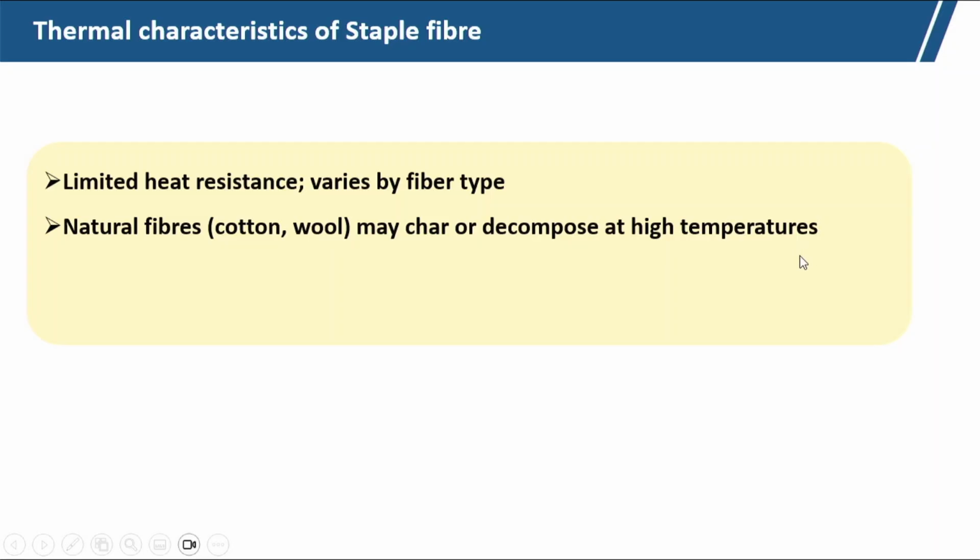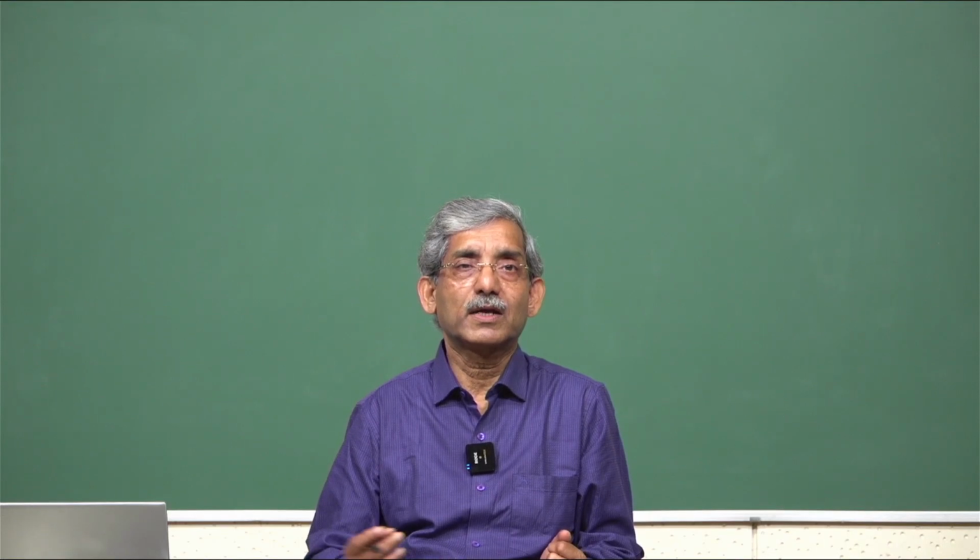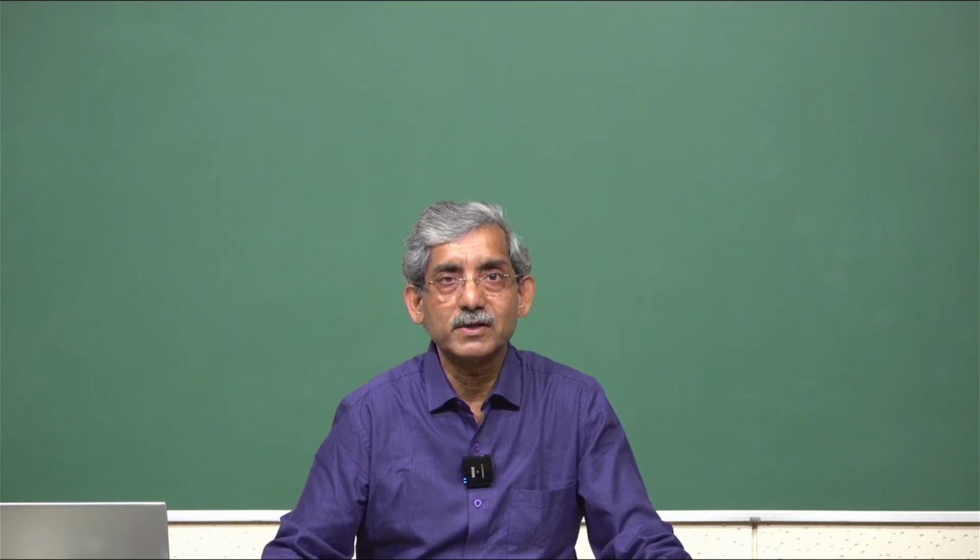That is the problem of natural fibers. That is why we cannot use these fibers for high temperature application. Like ceramic, we have discussed, they are continuous and high temperature application we can do, but this natural fiber we cannot use in high temperature application.